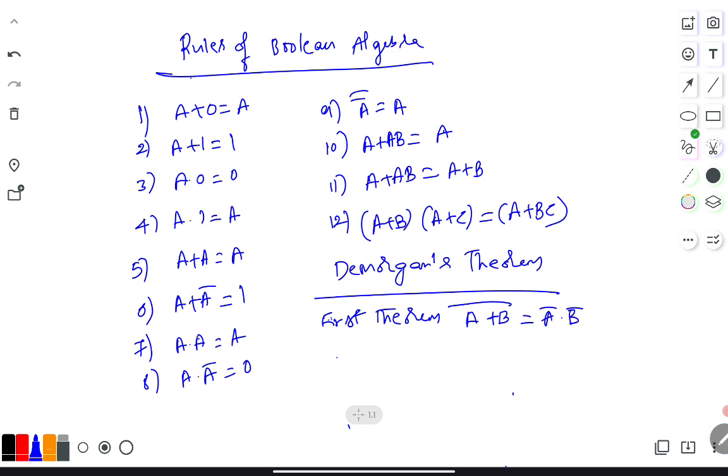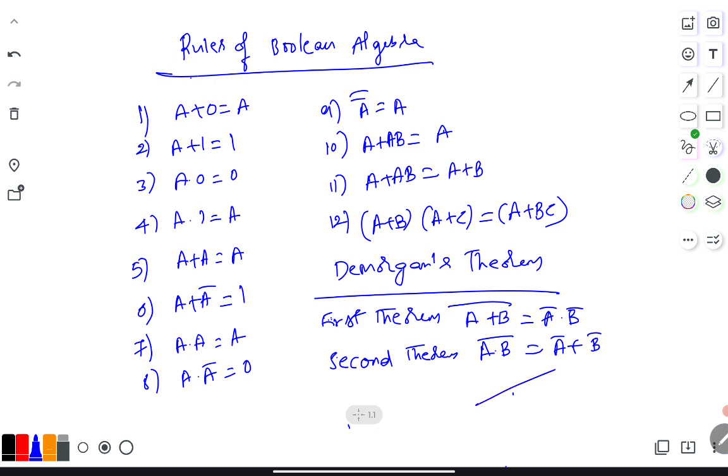Next, second theorem: A dot B whole bar is equal to A bar plus B bar.